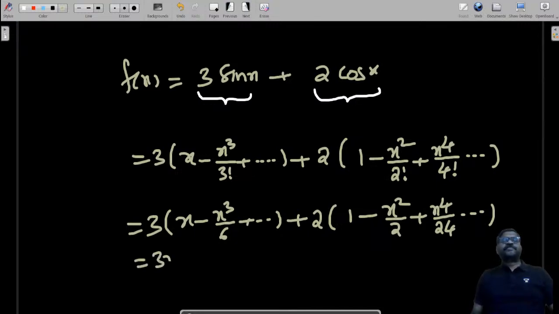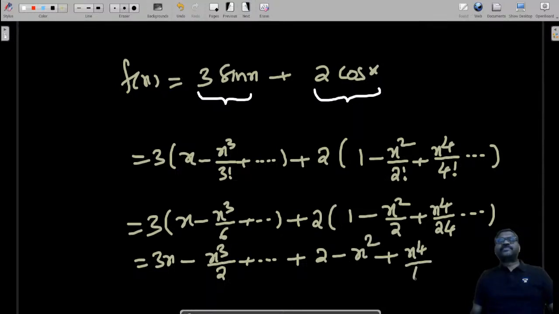That is 3x minus x cube by 2 plus 2 minus x square plus x power 4 by 12 and so on.